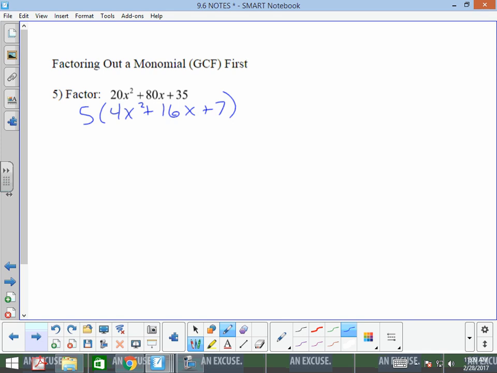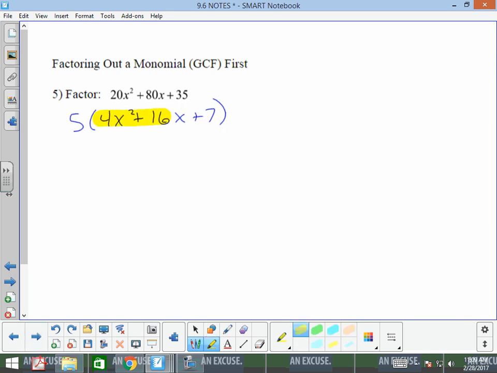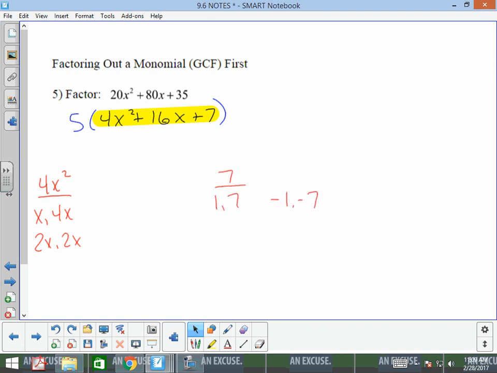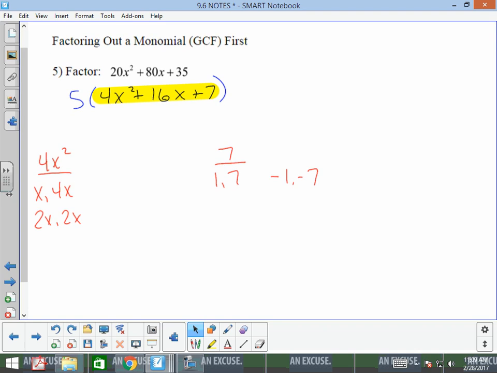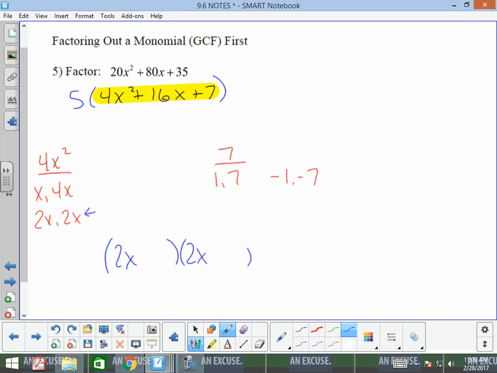So we have this trinomial inside the parentheses here. And we're going to write down the factors of the first term. So the factors of 4x squared are x and 4x, 2x and 2x. Factors of 7 are 1 and 7, negative 1 and negative 7. So let's guess 2x and 2x. Again, I like to start with the two that are closest together.